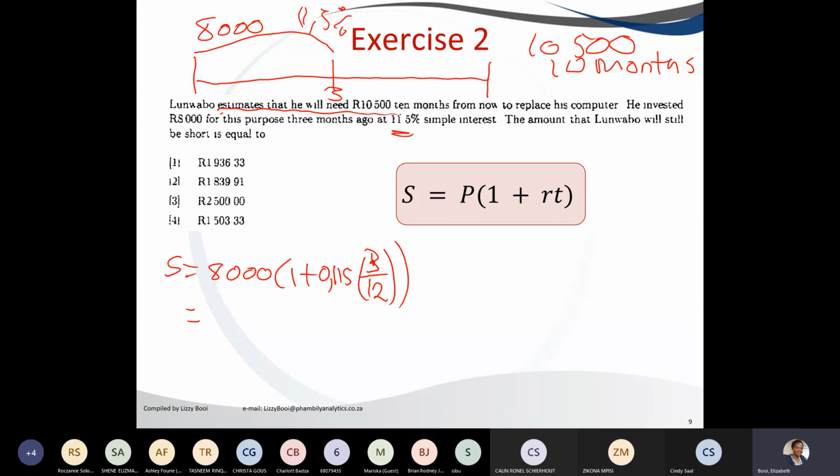Agree? Then you get 8,230. That was the 3 months ago. Now, in 10 months you will need some money, which is equivalent to 10,500.